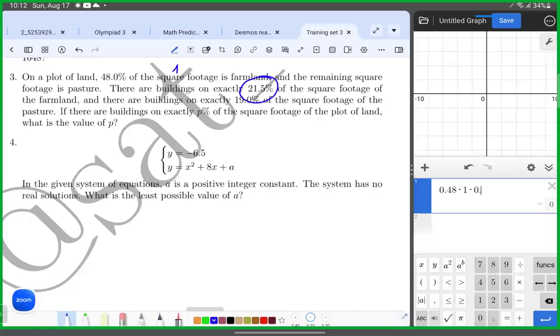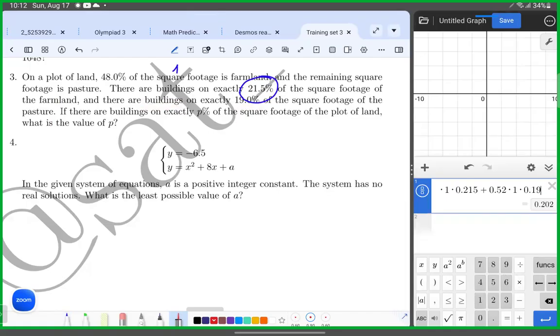Plus the remaining part, 0.52 times 1, which is pasture, and 19% of the pasture is buildings, so 0.19.